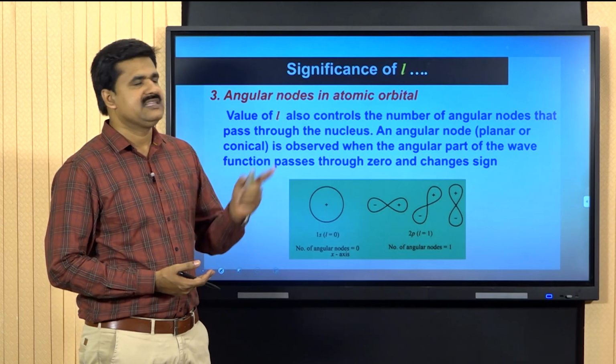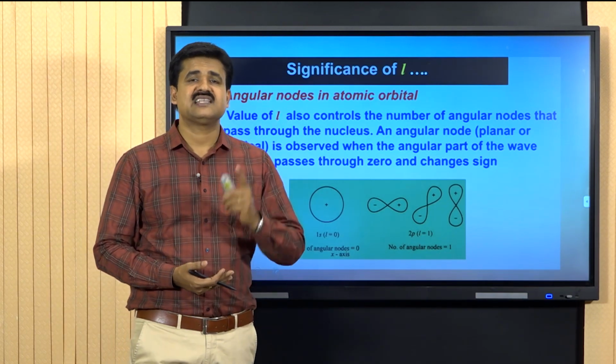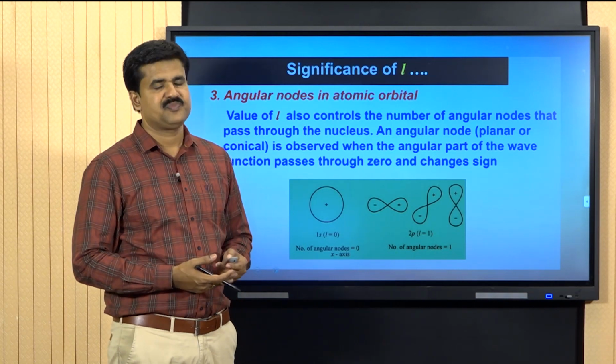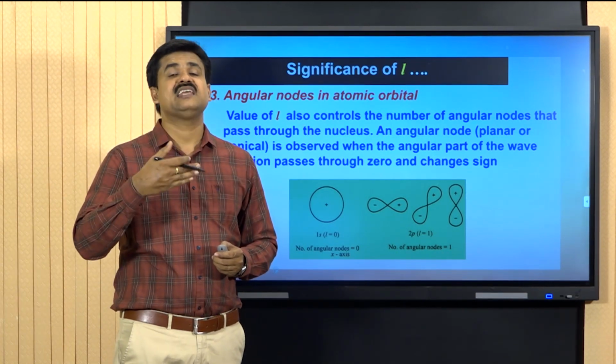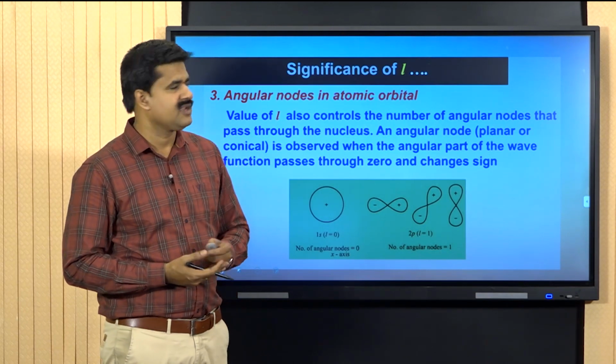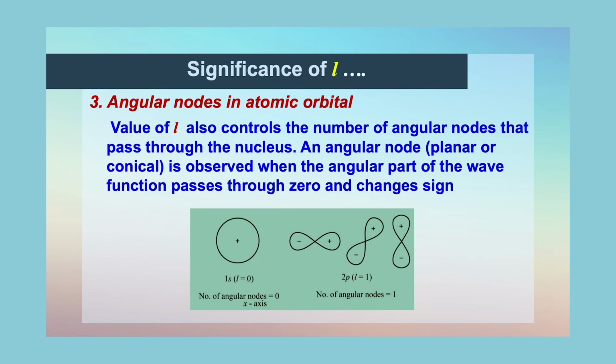Now, the third significance, that is angular nodes in the atomic orbital. We know node is a region where the probability of finding an electron is equal to 0. The value of l, that is azimuthal quantum number, also controls the number of angular nodes that pass through the nucleus.